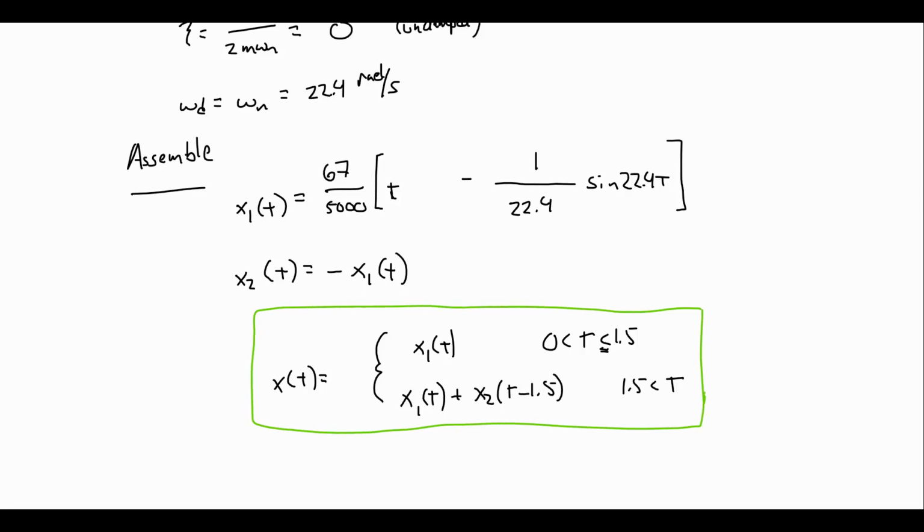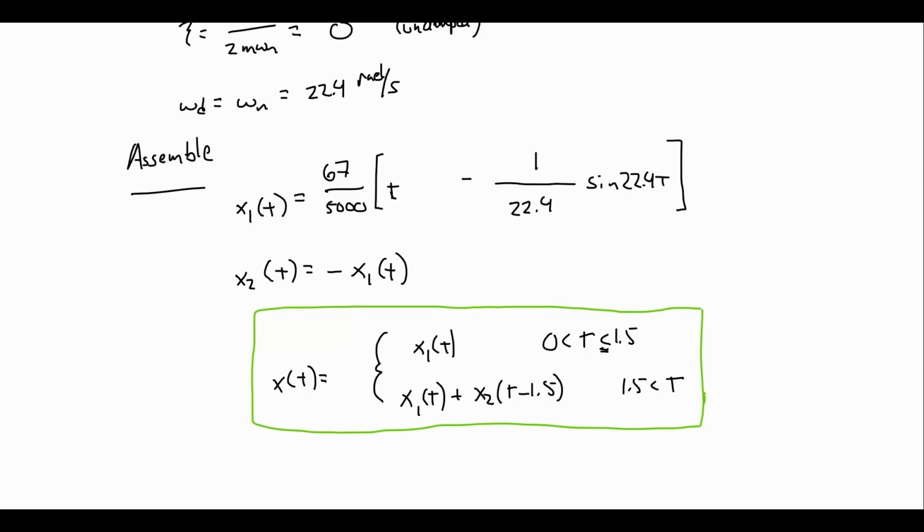Pretty tidy. We didn't have to do an infinite series to get this. And because there's no damping, a lot of the terms dropped out here. But again, we have formed our total solution, our complete analytic solution, using this piecewise definition, where we had to split our forcing function into these intervals where we could describe it using the simple forces like a ramp, in this case a ramp and then another ramp, or if we had a step like we'll do in subsequent problems, or if we had an impulse like we'll do later.